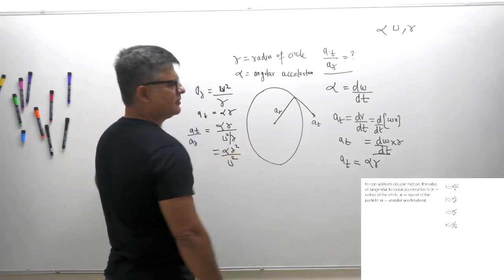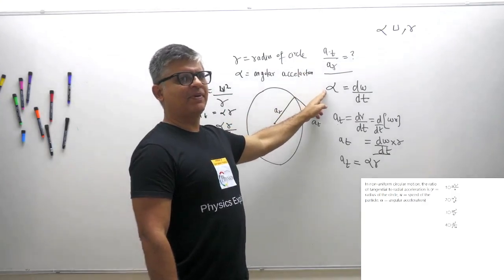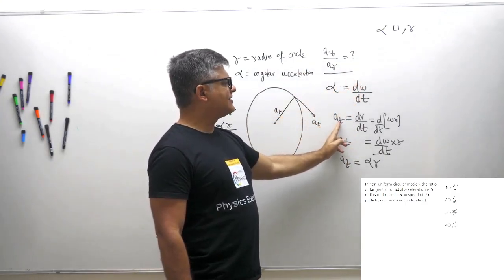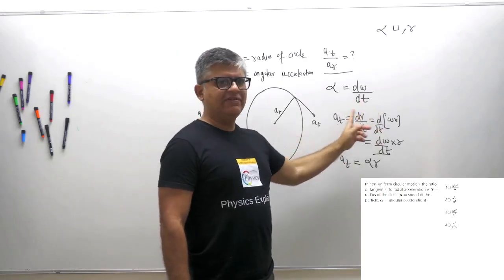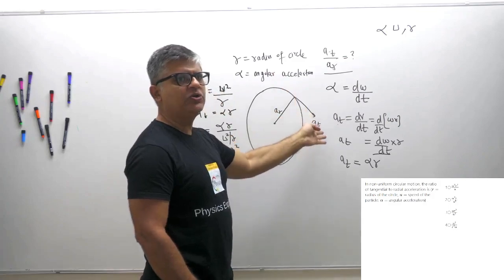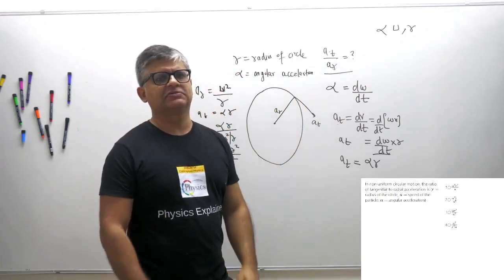is equal to alpha r square by u square. So, see if you know this part, that alpha is equal to d omega by dt, then you know AT is equal to dv by dt. This is your tangential acceleration. Non-uniform circular motion has tangential acceleration.